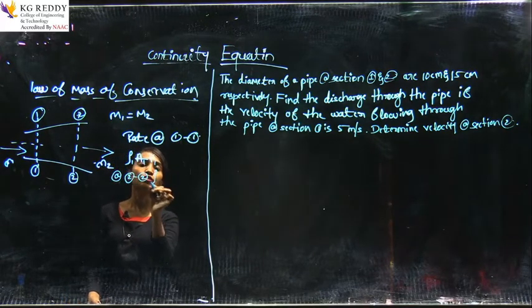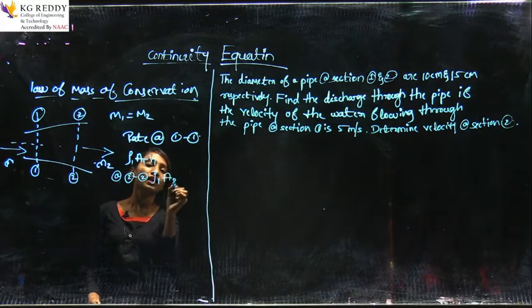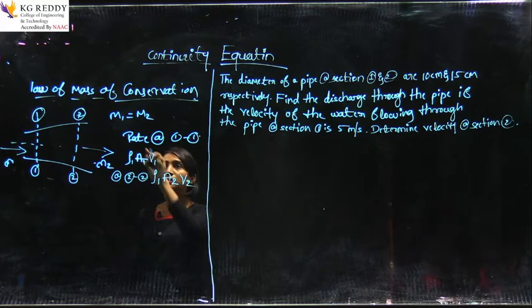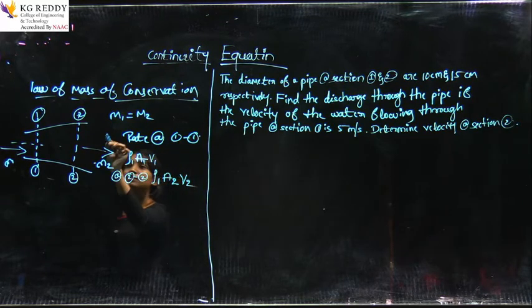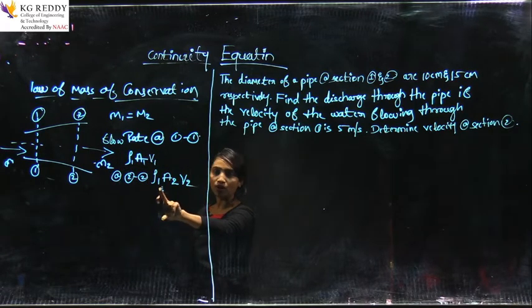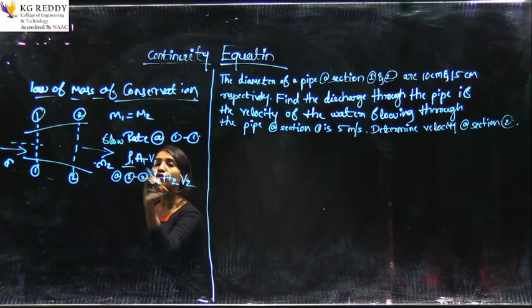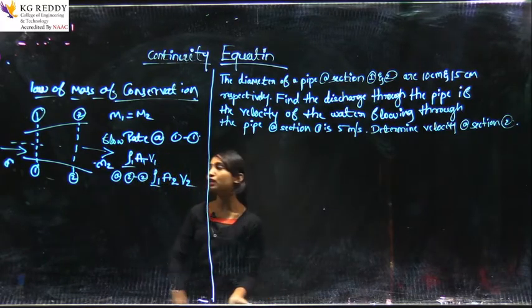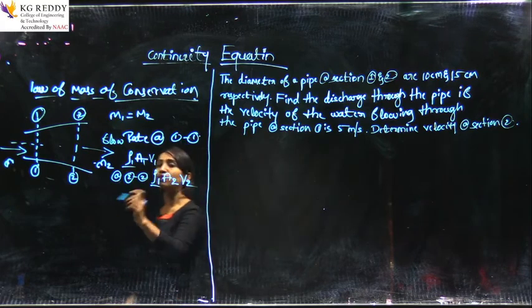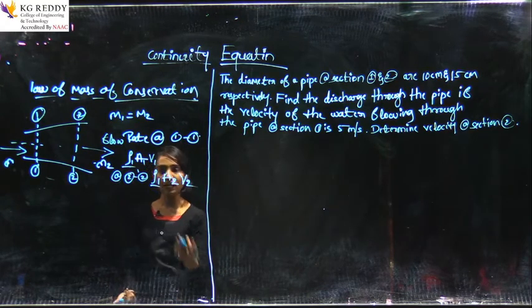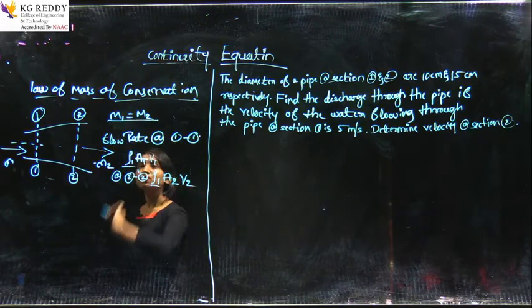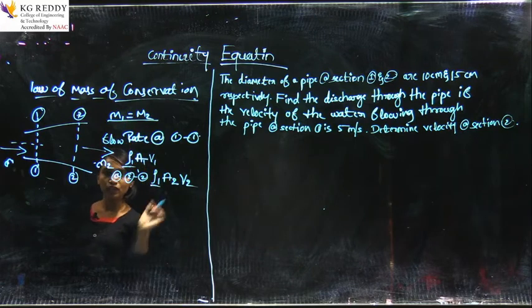At section 2, the flow rate is rho 1, A2 and V2. You can ask why rho 1: because whatever liquid enters the pipe, the same liquid should come out. So I took rho 1, or else you can take rho 2. According to the law of conservation of mass, it should be equal.